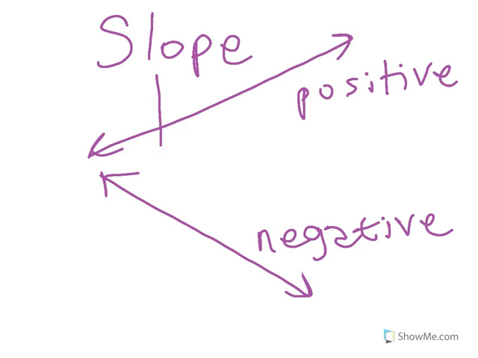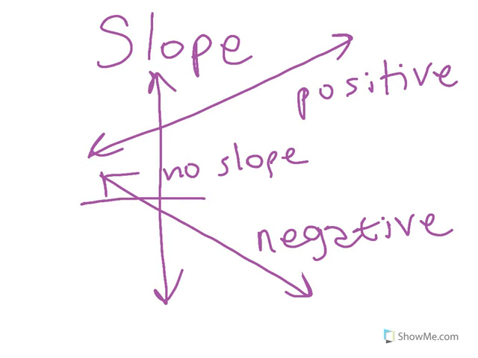There are vertical lines which have no slope at all. And there are horizontal lines which have a slope of 0. These are the four kinds.